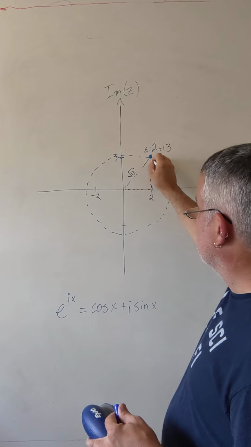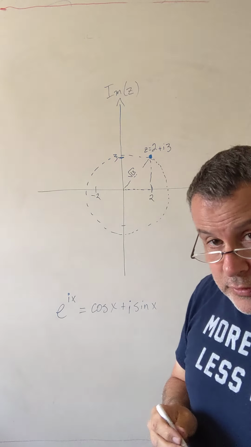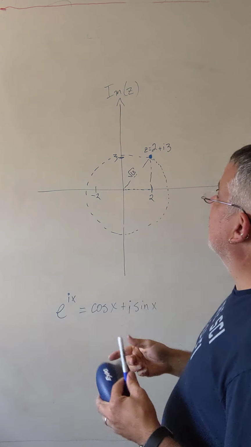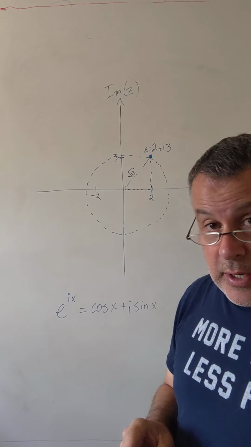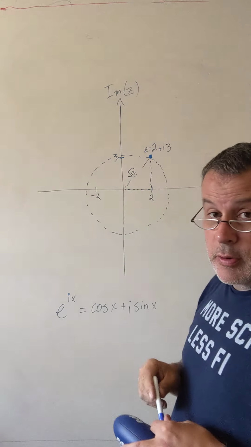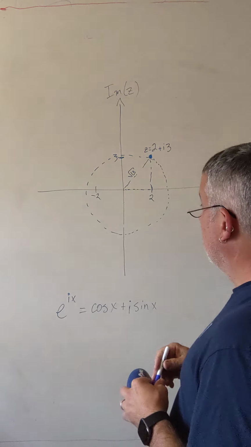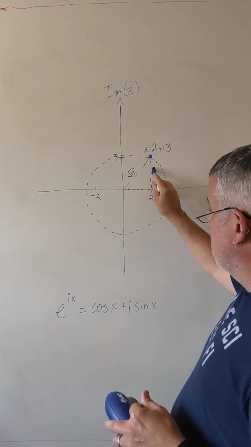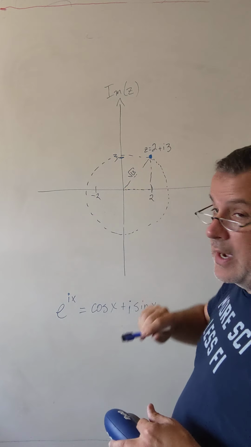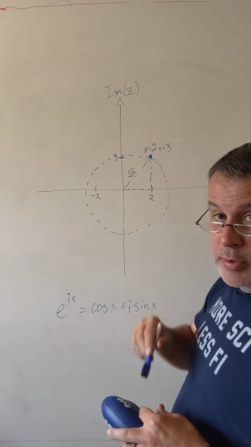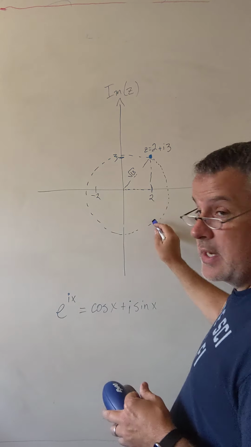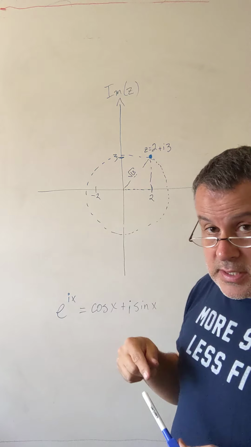If I can draw a circle like that, all of those have the same magnitude, the square root of 13 that we found before. But what's the difference between this one, which is 2 plus i3, and this one, which is minus 2 plus i3, or this one down here that's minus 2 minus i3, or this one down here that's 2 minus i3?